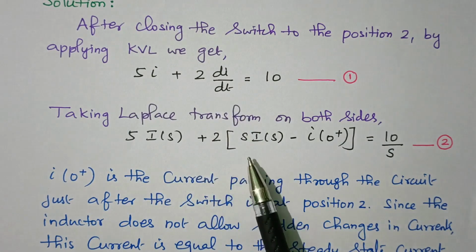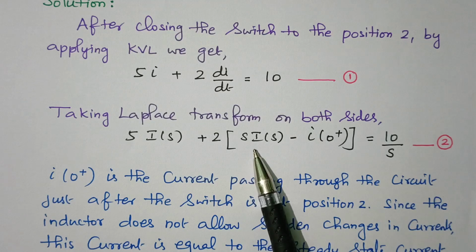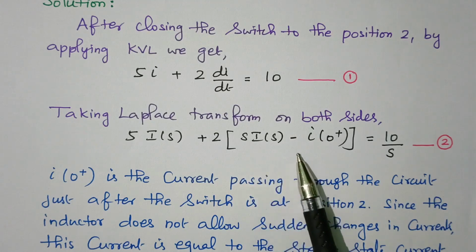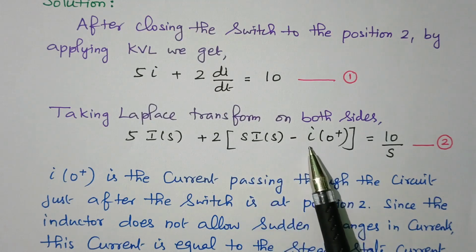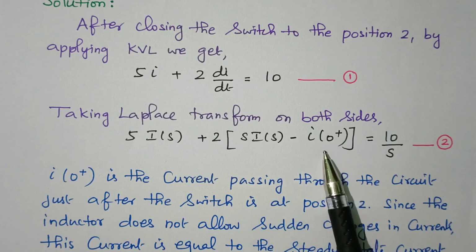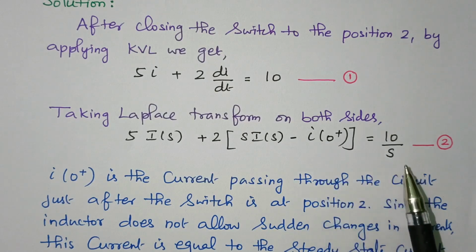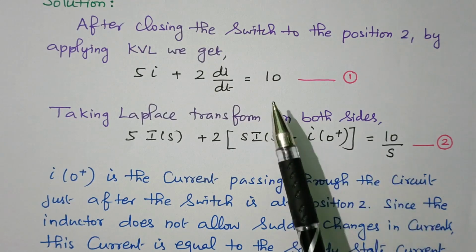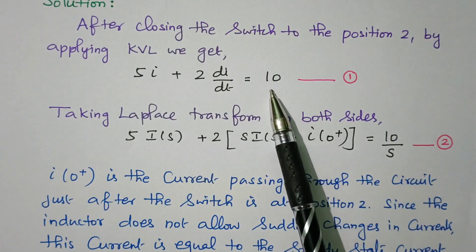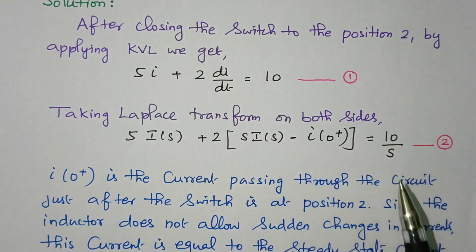Laplace transform of di by dt is s into I of s, minus the initial current, I0 plus. We need to subtract the initial current. That is equal to 10 divided by s. Laplace transform of a constant is 1 by s. So it is 10 by s.